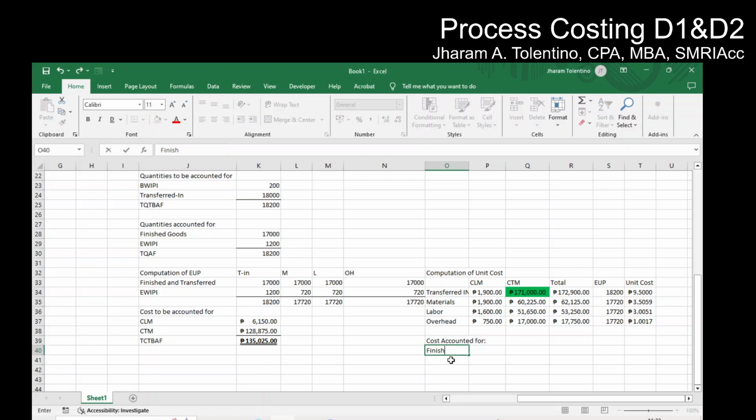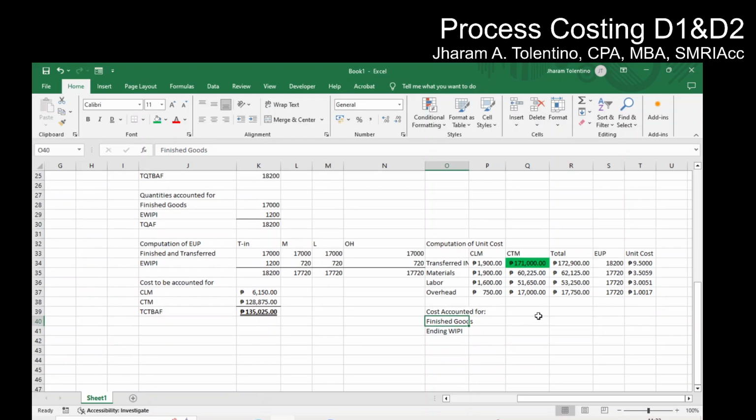We have finished goods and ending work in process inventory. Okay, so the finished goods is the easiest, simply because you have 17,000 times the amounts. We haven't actually gotten the total unit cost yet.